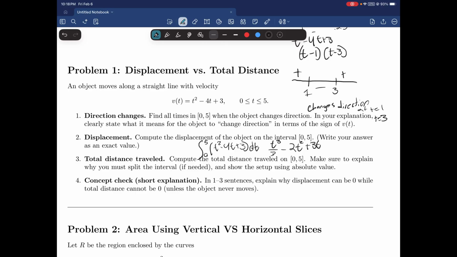And then if we plug that in, 125 over 3 minus 50 plus 15. And then plug in 0, that'll just be 0, so minus 0.